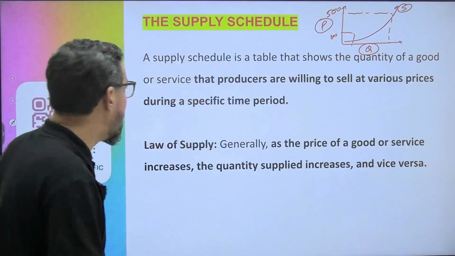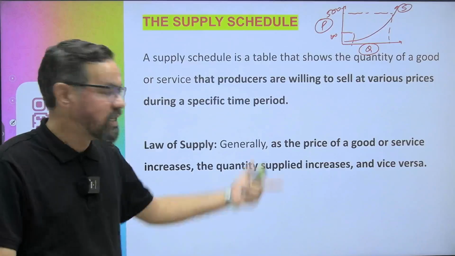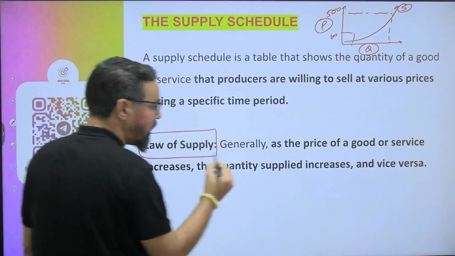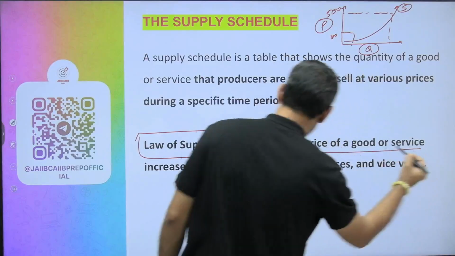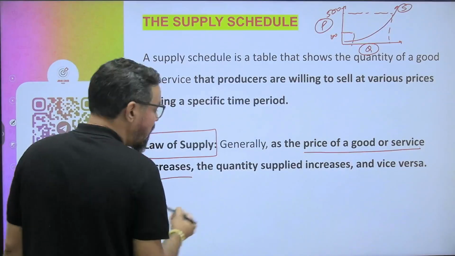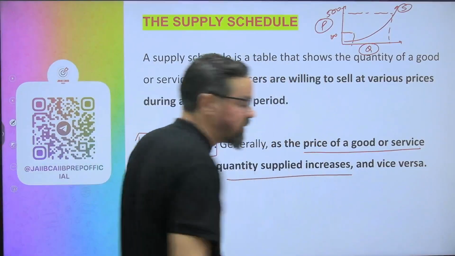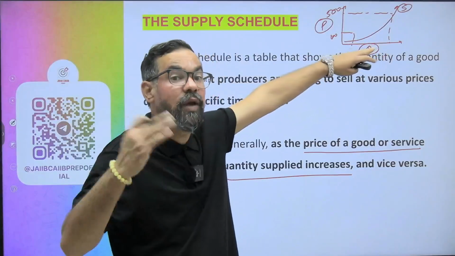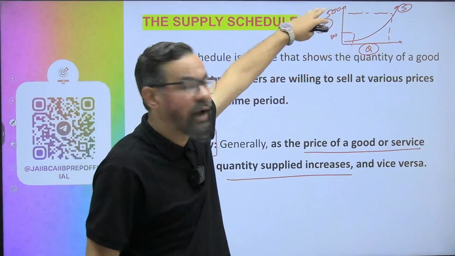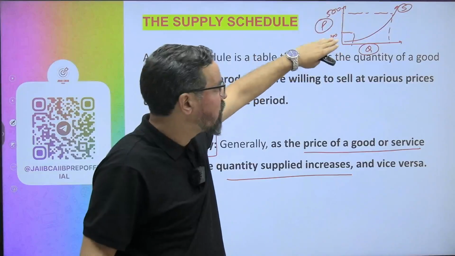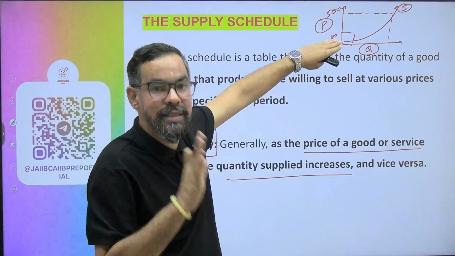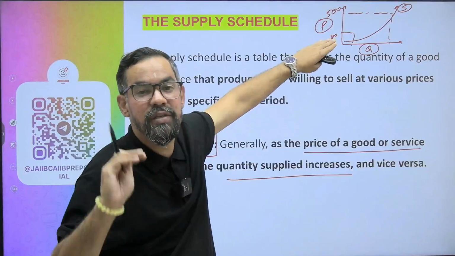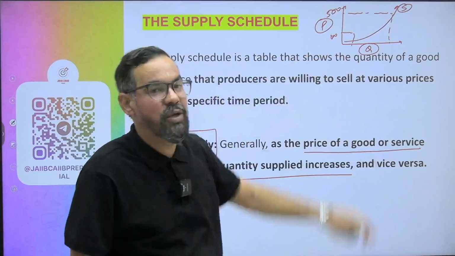The law of supply says that as the price of goods and services increases, the quantity supplied increases. Sellers increase their supply when they are getting a higher price, and the quantity supplied will decrease when the price decreases. At a lower price, they want to sell less.